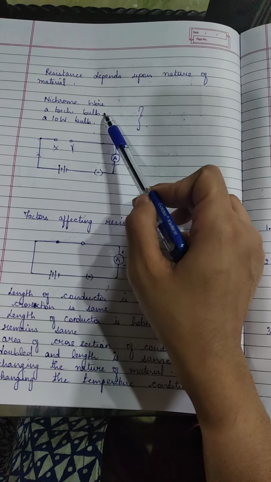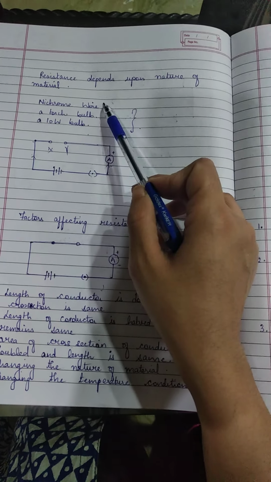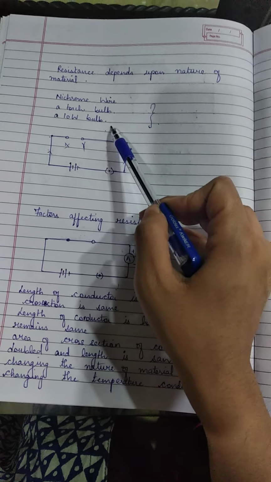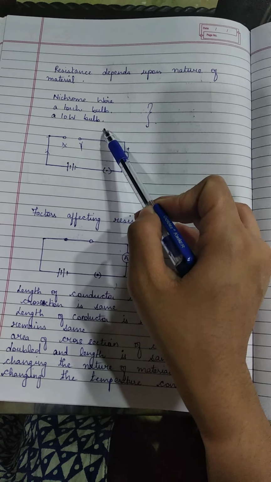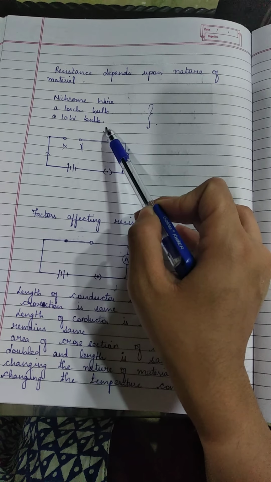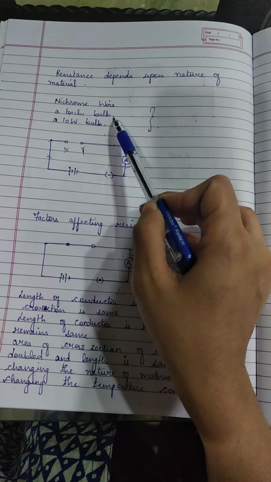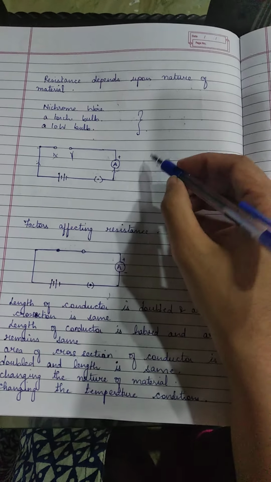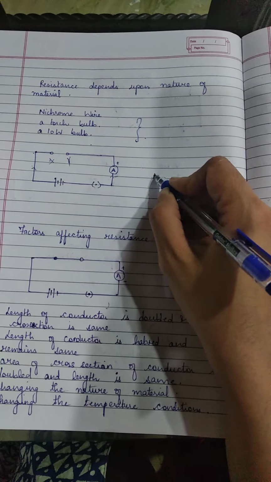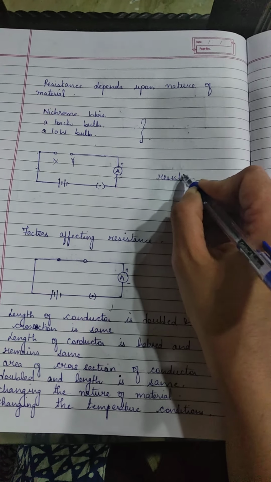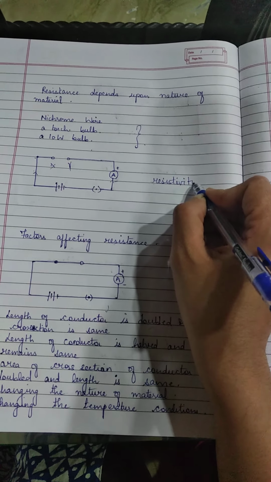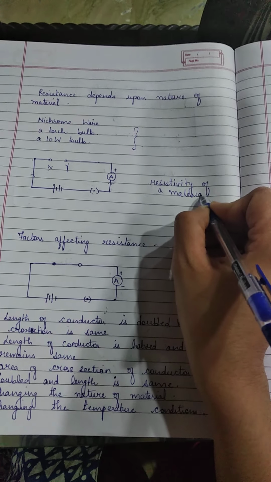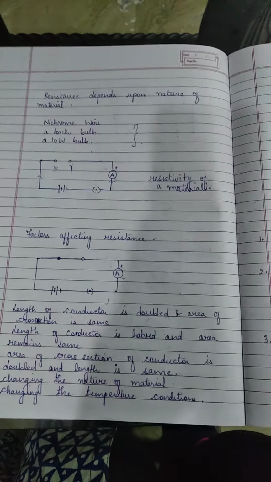Since these three elements are made of different materials, their characteristic property of resisting the flow of current would be different. Such a characteristic property is known as the resistivity of a material.